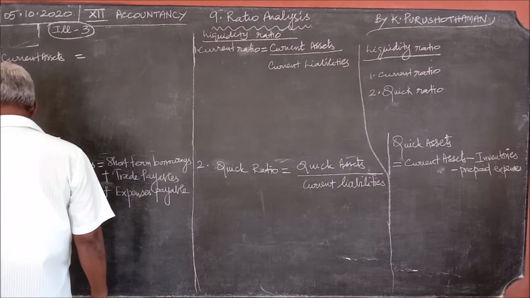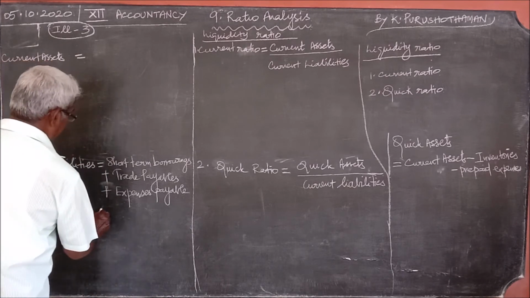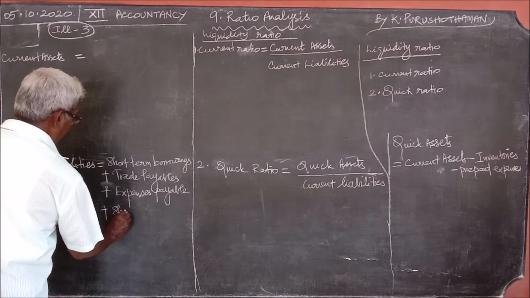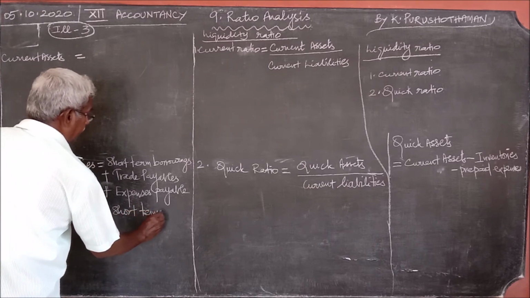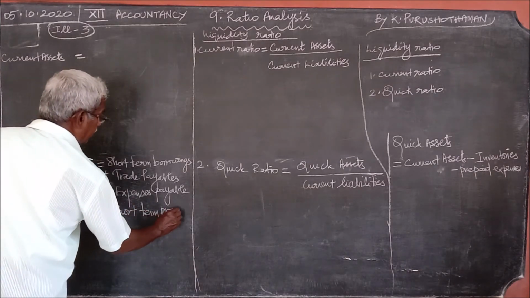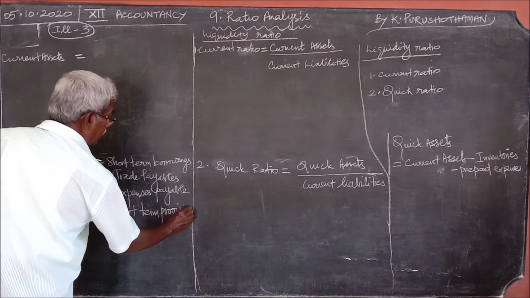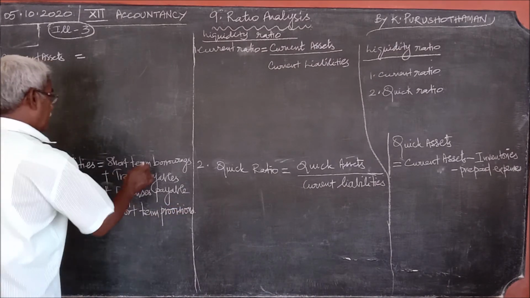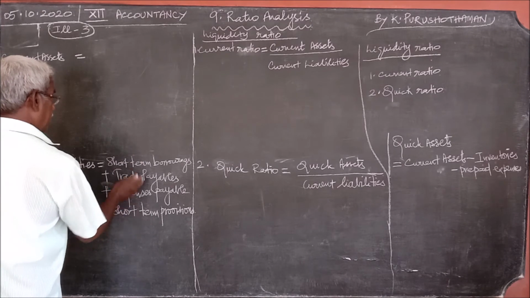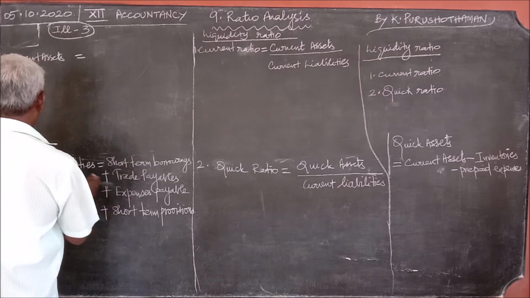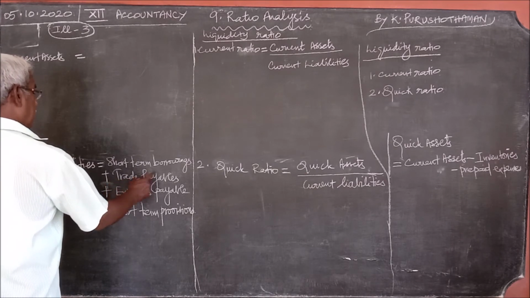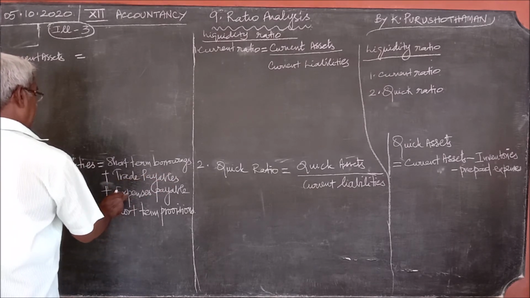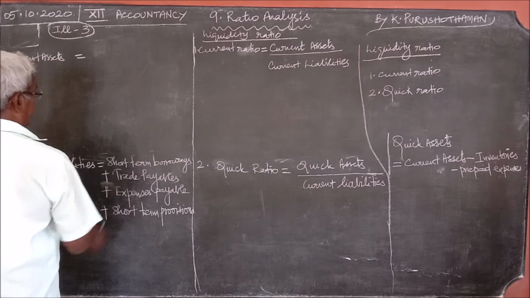Expenses payable. Then short term provisions. So short term borrowing, short term provisions, if these short terms are current liabilities. In addition to that, trade payables or bills payable. Next one is expenses payable or outstanding expenses.